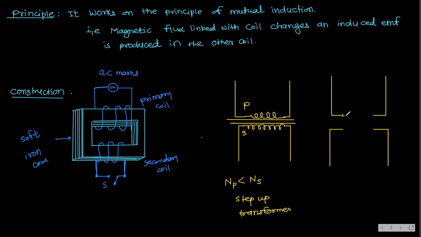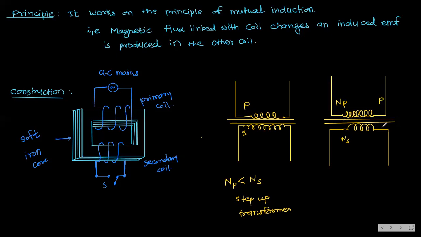Now in this diagram, I am drawing more turns in the primary, NP, and very less turns in the secondary. So which type of transformer is this? Tell me. Step down transformer.